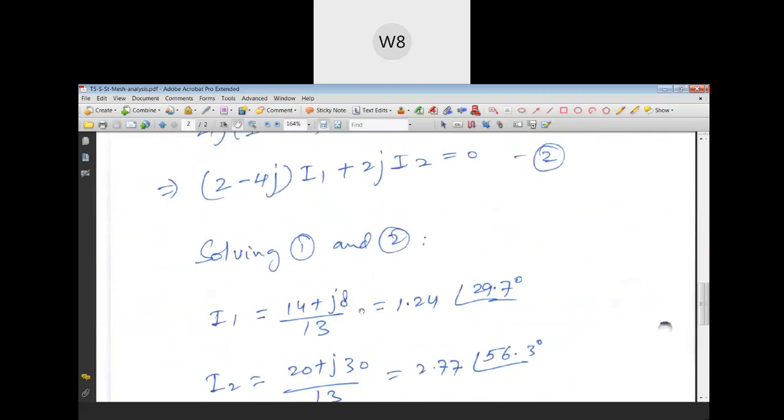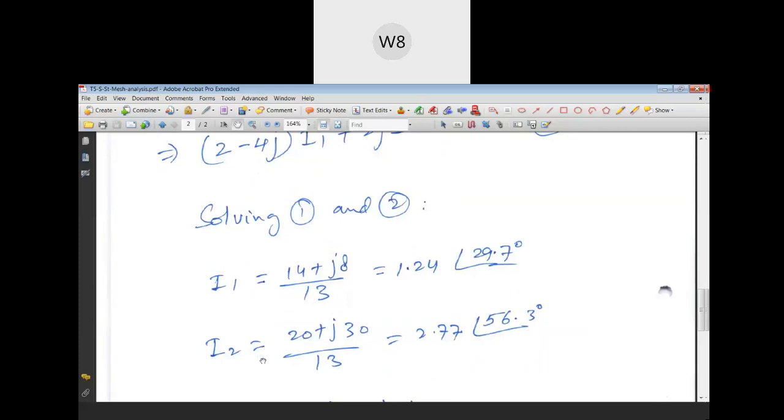There is going to be a simple equation like this: (14 plus j8) divided by 13. And this you can find in the polar form or the phasor form. Magnitude will be 1.24 and phase or angle is going to be 29.7 degrees. Similarly, I2 will also be a complex number or a phasor, and the amplitude is 2.77 with angle 56.3 degrees.